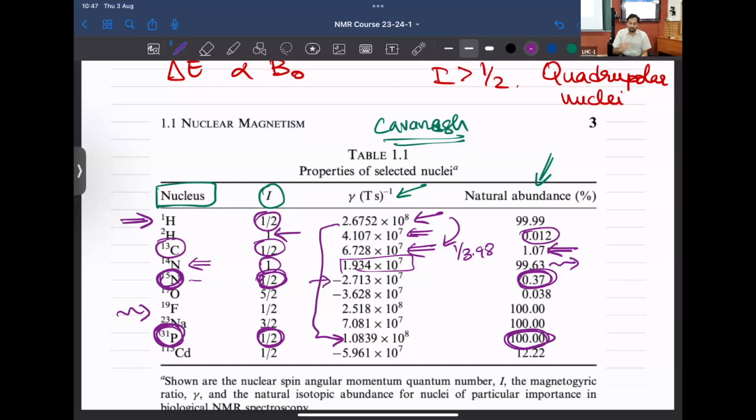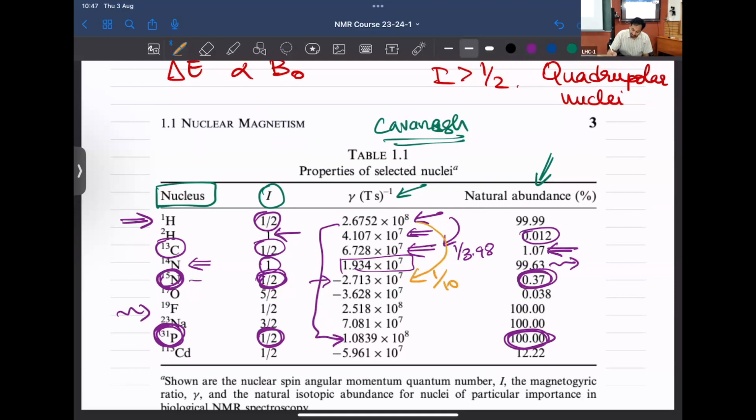So what I request you to do is to go back and look at different elements that are part of the periodic table. Bore yourself with the gyromagnetic ratio, the spin quantum number, and the abundance, and that will give you an idea, for whichever elements you want to study, of how feasible it is to do with NMR.